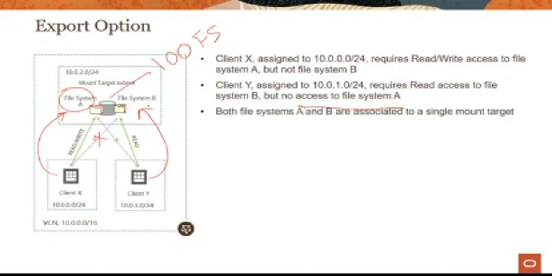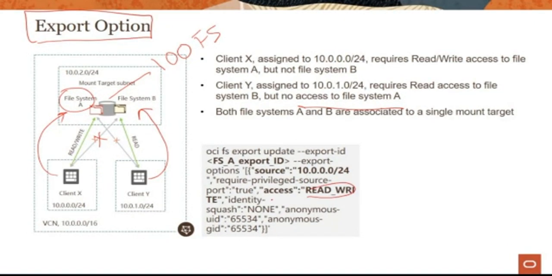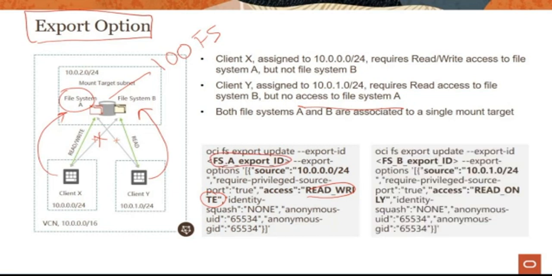But in this case, because we have this export option feature available, I could specify that for my client X, I have the read write access to my file system A, and for client Y, I have access to file system B, but only read-only access. And so I'm meeting this requirement using the capability around export options.